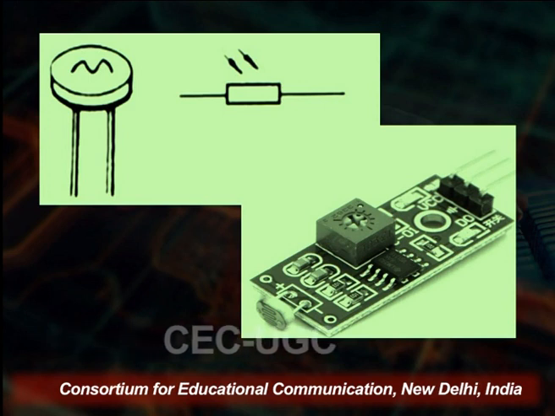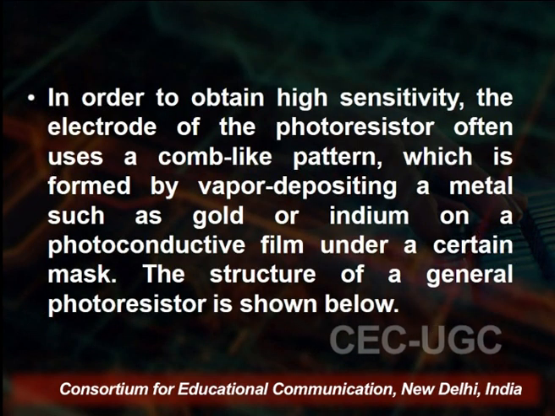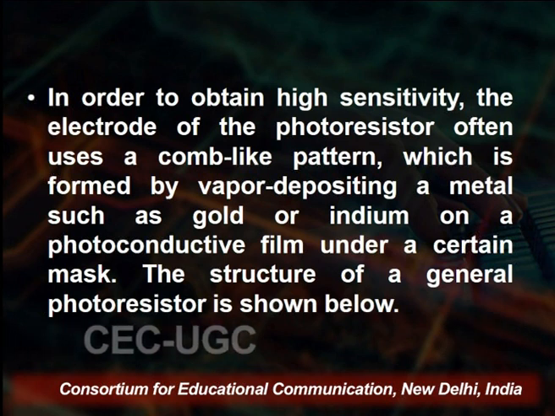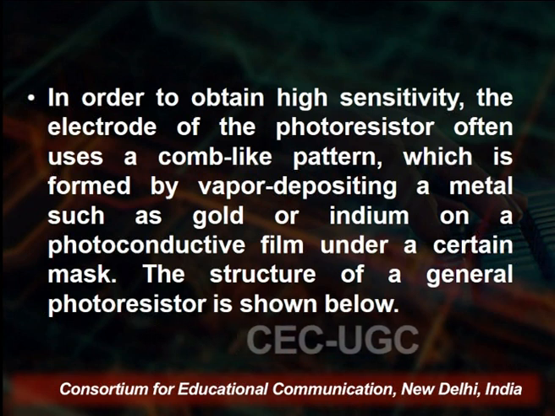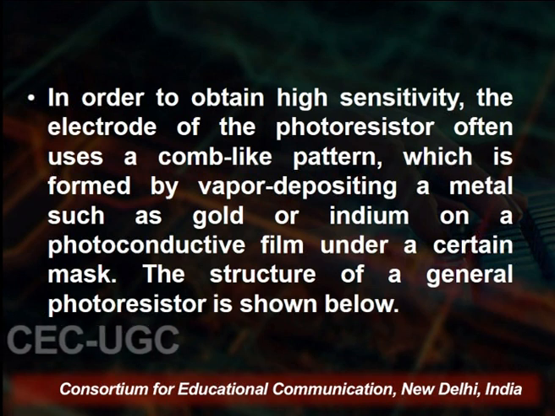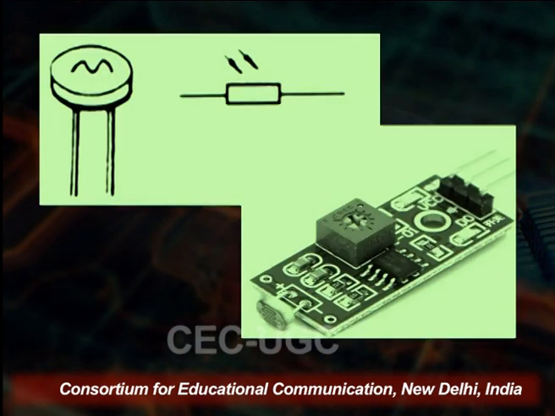Now, in order to obtain high sensitivity, the electrode of the photoresistor often uses a comb-like pattern, which is formed by vapor deposition of a metal such as gold or indium on the photoconductive film under a certain mask. So, the structure is as defined here.